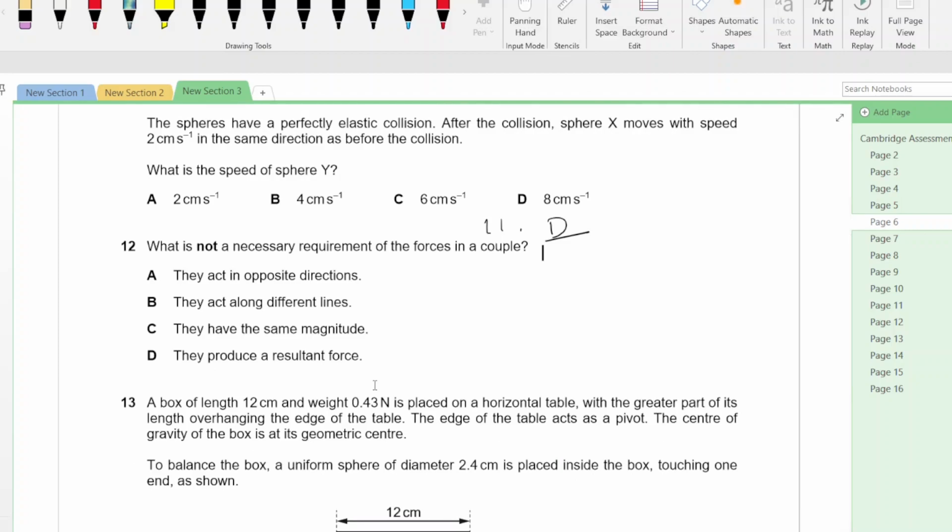Question 12, what is not a necessary requirement of the forces in a couple? This is an object, a force F acts in this direction, and the other force acts in the opposite direction.